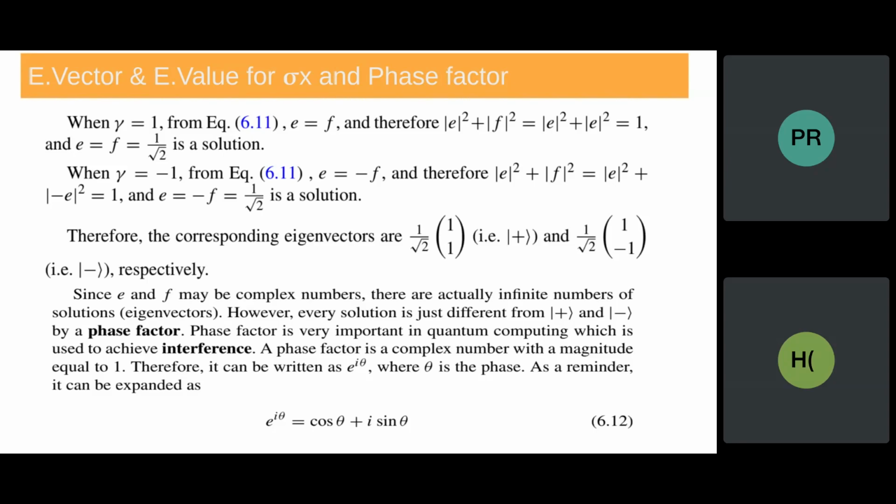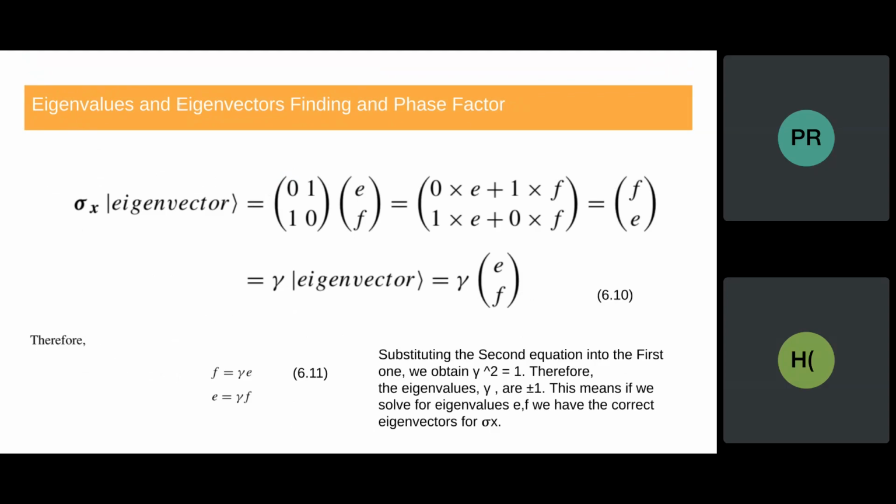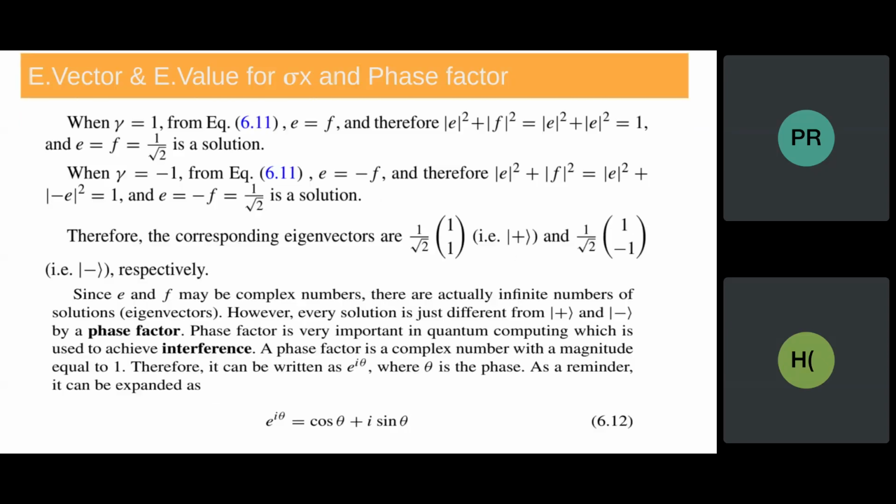Assuming that we have got what we want, the last time we said that if you want a vector, it should be unique, and therefore we are able to get it, but those vectors are not here. Now we try to solve that and say gamma equal to 1, with modulus E square plus X square equal to 1, and the coefficients are 1 by root 2, E equal to F equal to 1 by root 2.